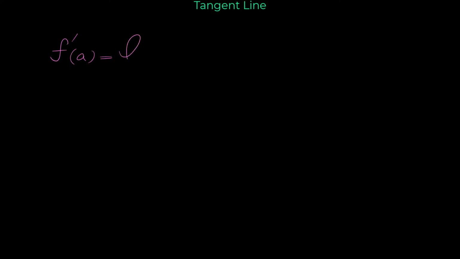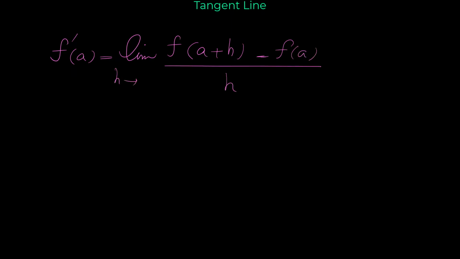F prime of a equals limit of f of a plus h minus f of a over h as h approaches 0. This was the formula. What was the function? The function was radical 2x plus 1. What was the a? A was 4.